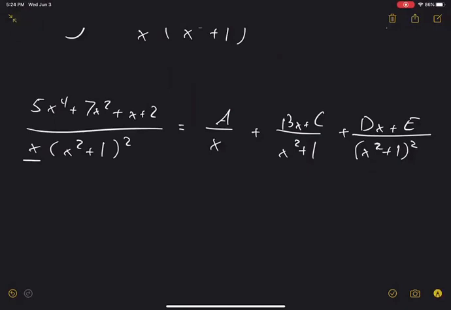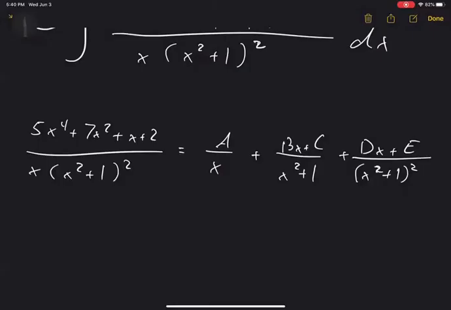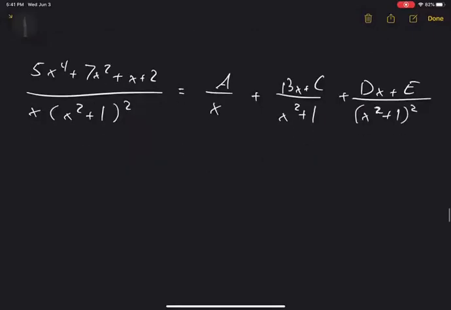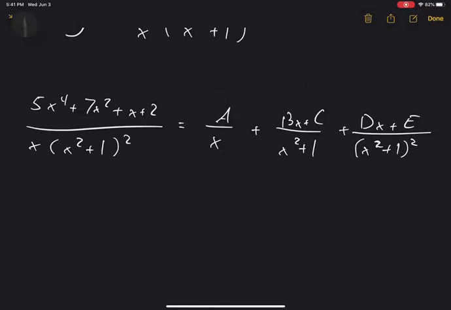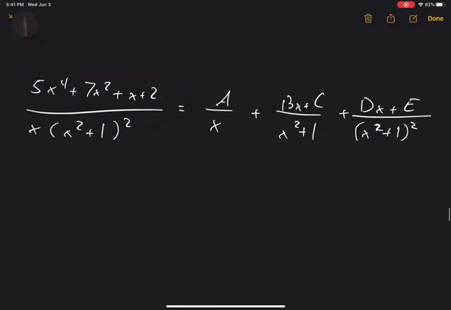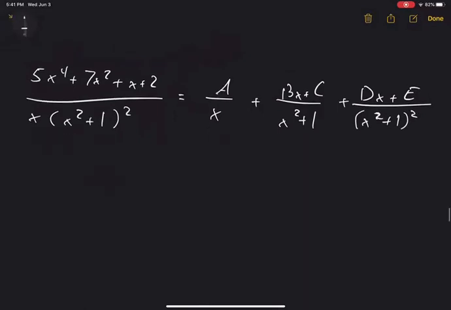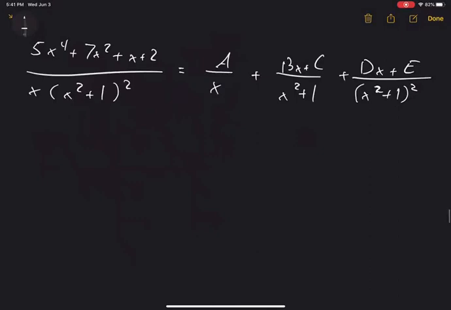All right, now, next step. Now I need to solve for my constants. Again, this is a case where maybe the plugging in method won't work to find all our constants, but we could try it.